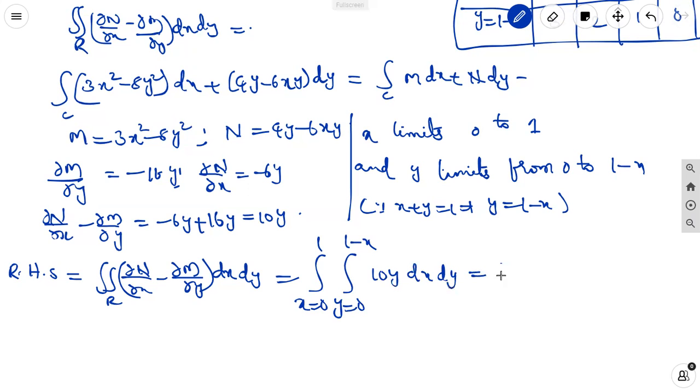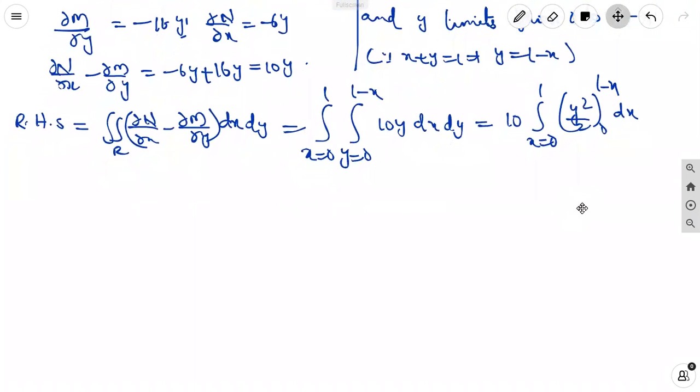10 is a constant, so it goes outside, integral x equal to 0 to 1. The y integration is y square by 2, limits from 0 to 1 minus x, dx. It is equal to 10 into the integral with x limits from 0 to 1 of 1 minus x whole square by 2, two fives are ten, so 5, into dx.